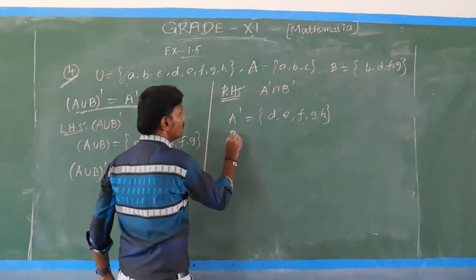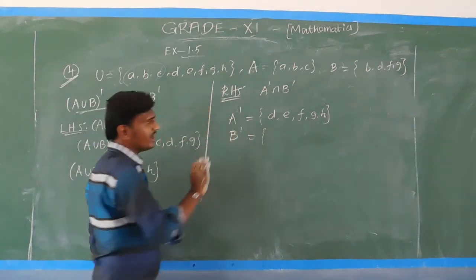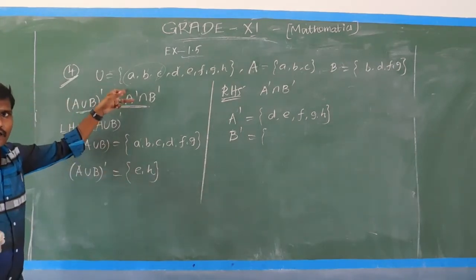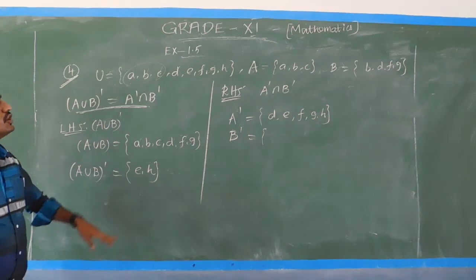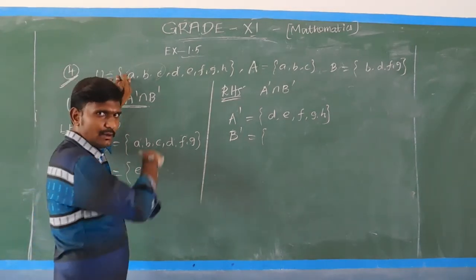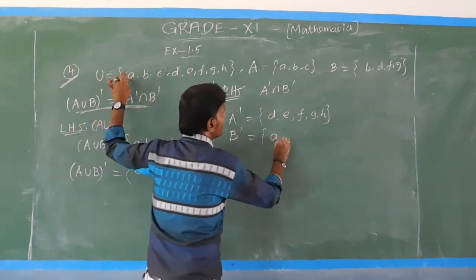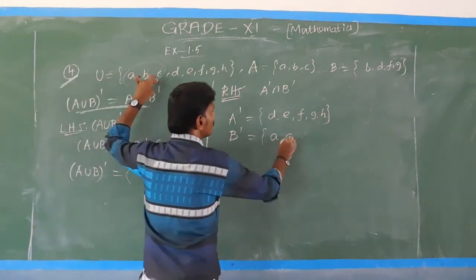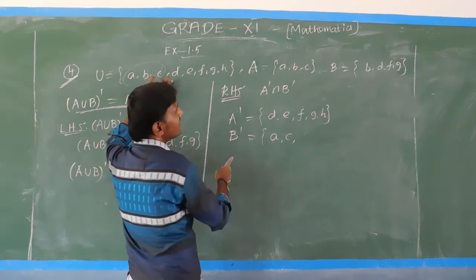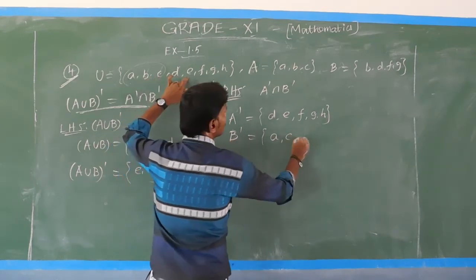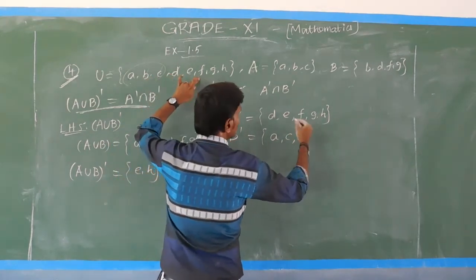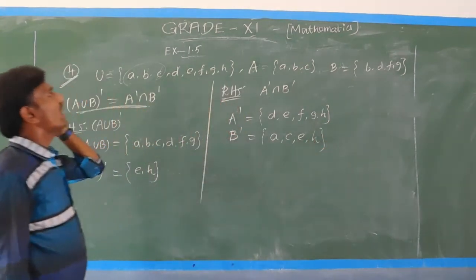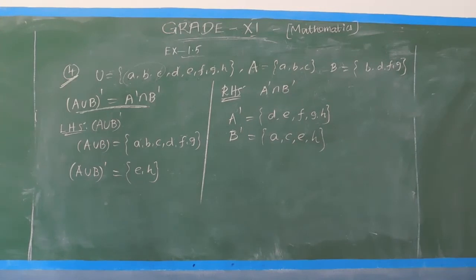Now coming to B'. So B' means the elements of the universal set that are not in B. So is A an element of B? No. So I am taking A. Then B you have, so eliminate it. C you don't have, so write C. Then D is cancelled. E you don't have, so write E. F, G have, so eliminate them. Then H. So these are your elements. Okay. Have you got it, children?